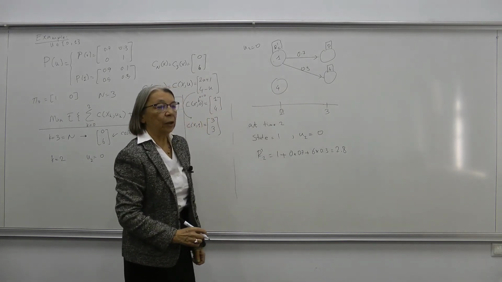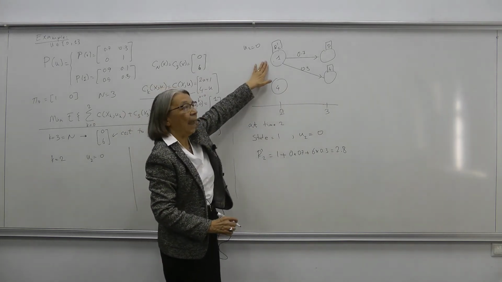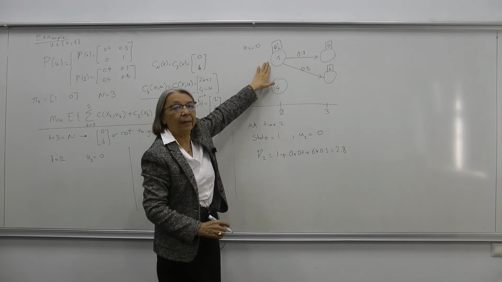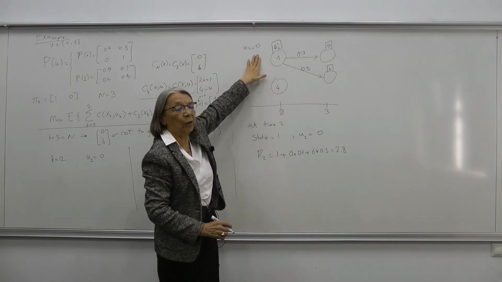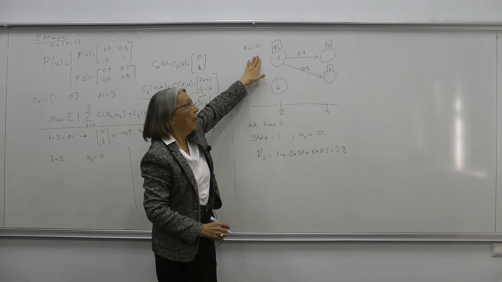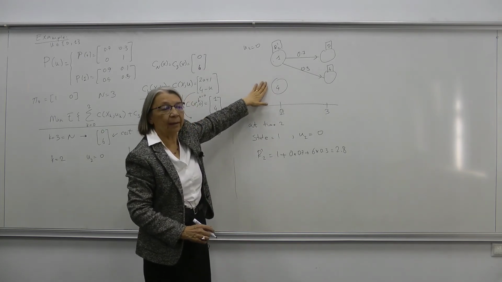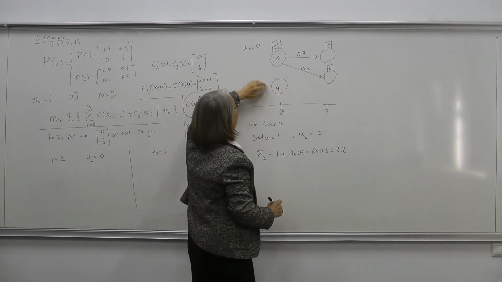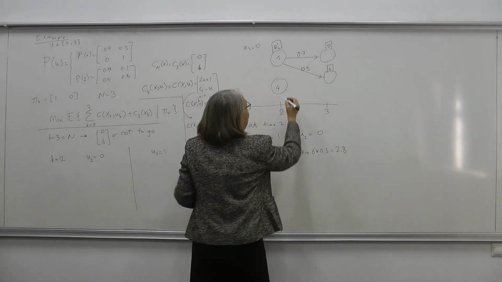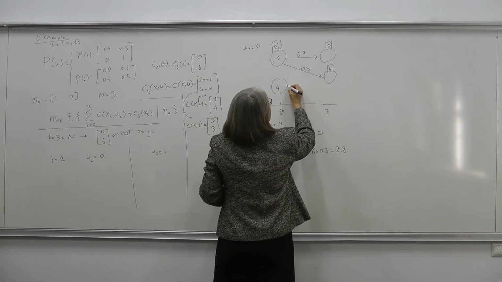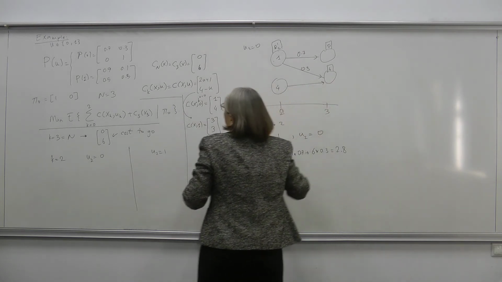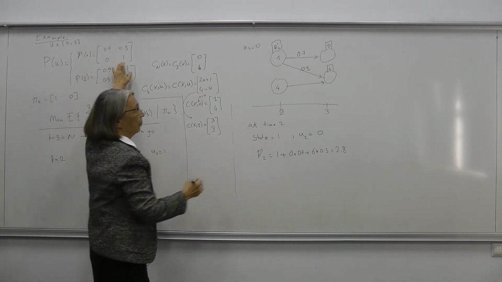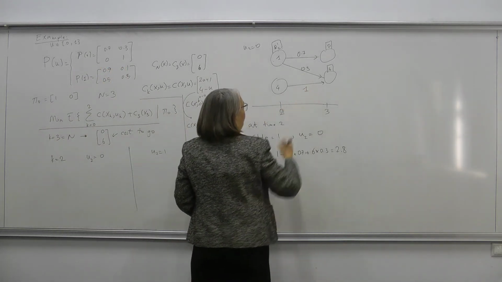Okay, so what is the condition? The condition here is that I am at time 2 at that state, and I am applying the input which is equal to 0. And I can do the same thing for the second state. If I am in the second state at time 2, and the input that we have applied is 0, then the probability of going from the second state to the second state is 1, and the other one is equal to 0.